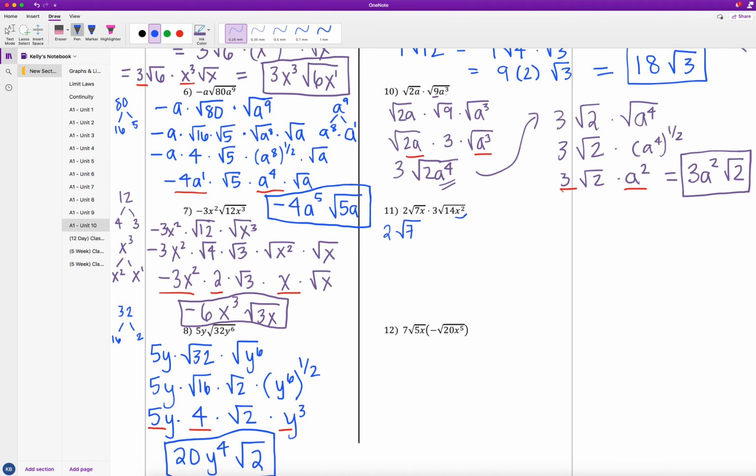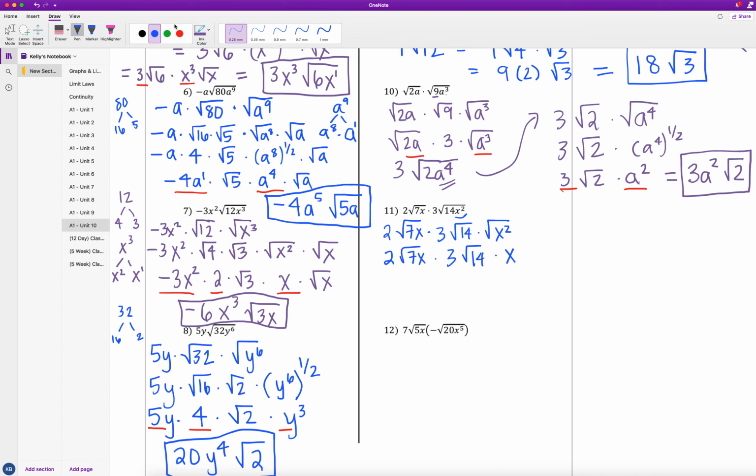I'll still have the first terms here. So 2 times the square root of 7x, still have 3, square root of 14, and then square root of x to the second. Since the square root of x to the second is a perfect square, I can simplify that down to just be a single x outside of the square root. So the square root of x to the second gives us x.